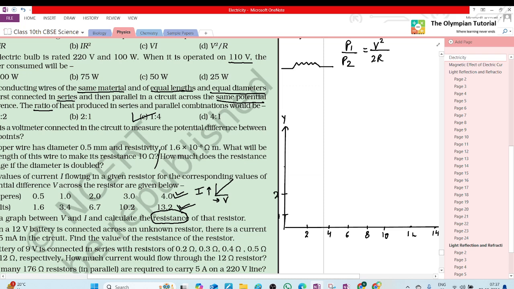Plot it. First is 0.5 current at 1.6 potential difference. Plot it, students, and let me know, is it a straight line or not?